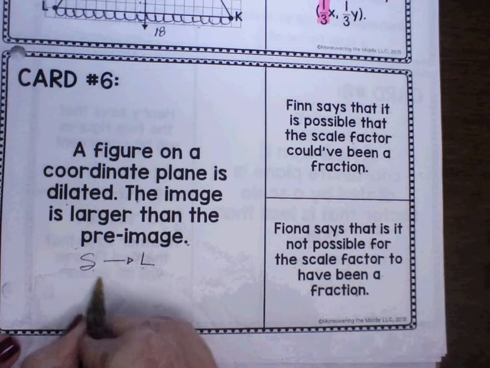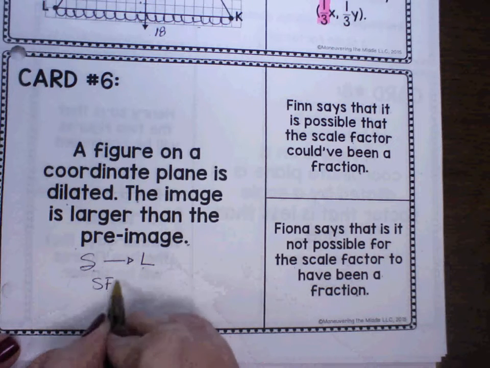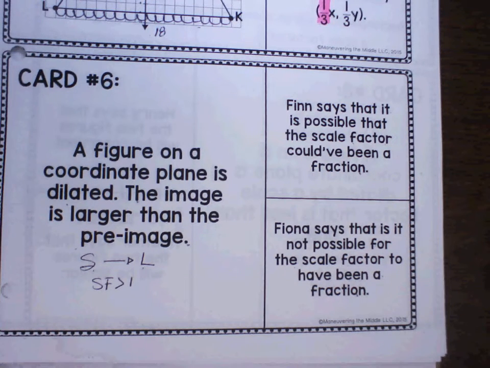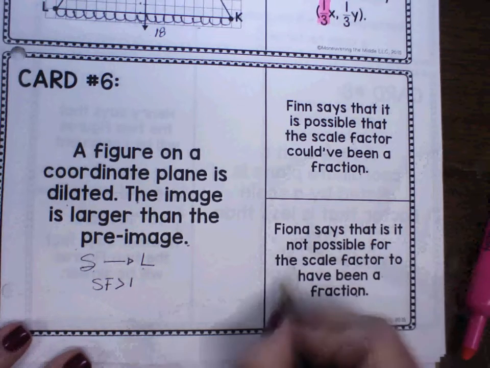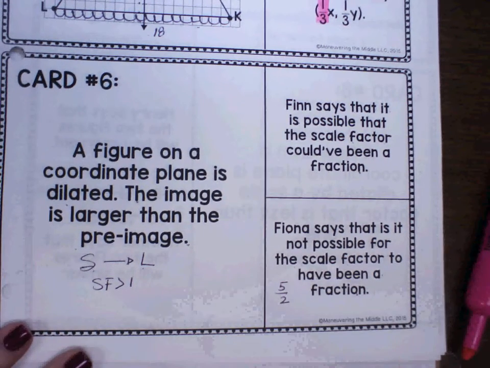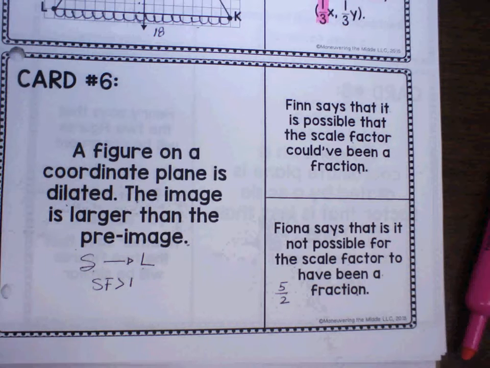All right, so if it goes from small to large, the scale factor has to be bigger than what? Bigger than 1, right? So Fiona's right? I'm not going to highlight her. So that's a fraction, correct? Is that bigger than 1?